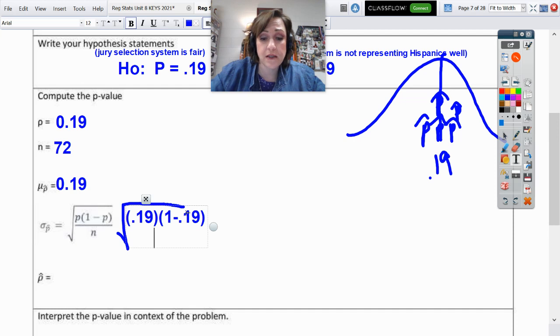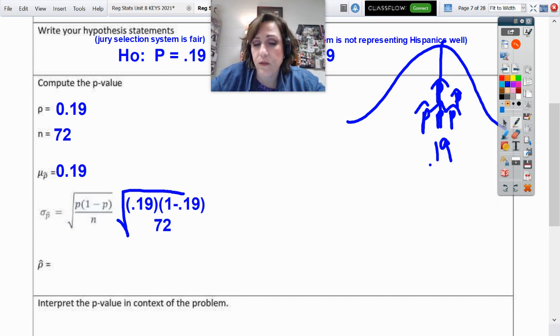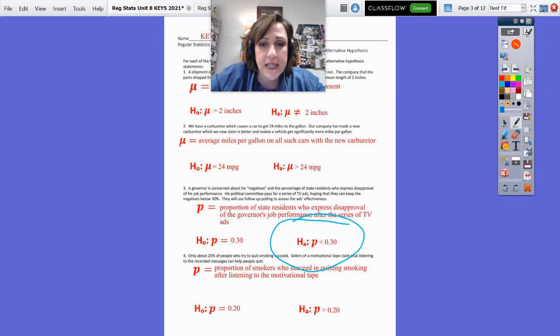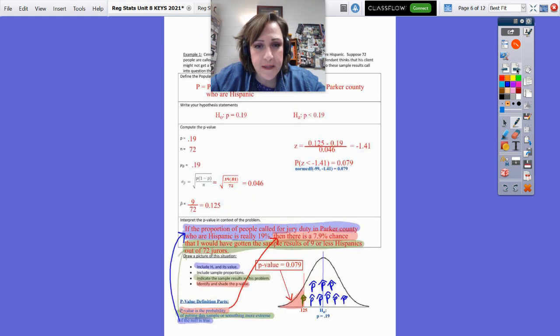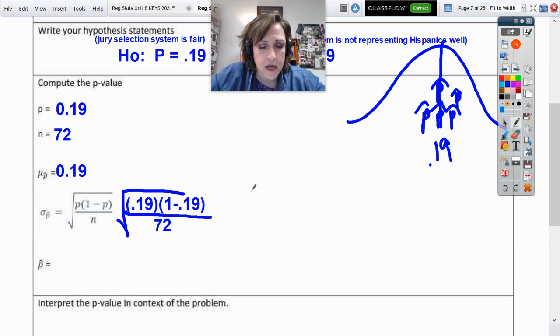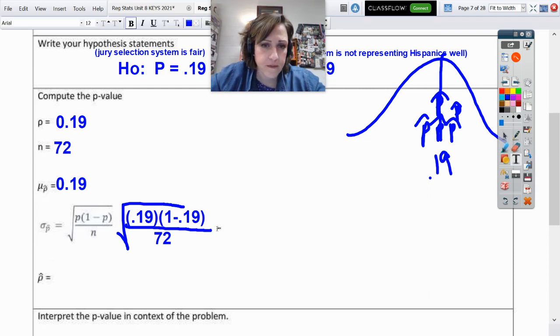What was our sample size? 72. So there we have it. There's what's inside there. And let me sneak over here and figure out what my answer was without computing. That was 0.046. So that equals 0.046.